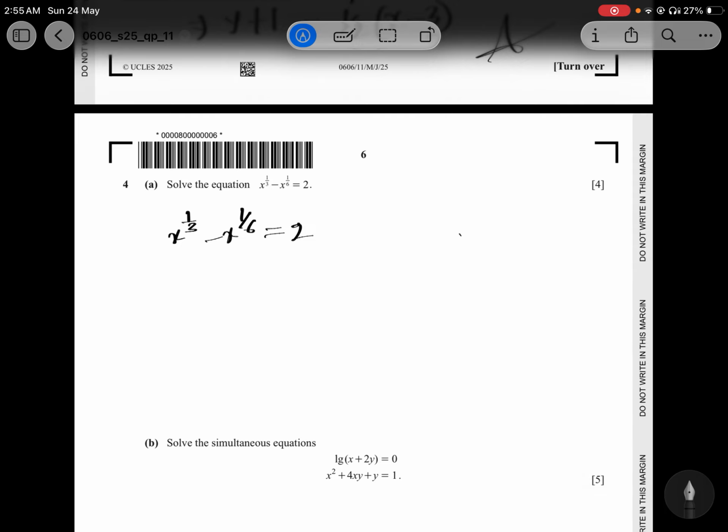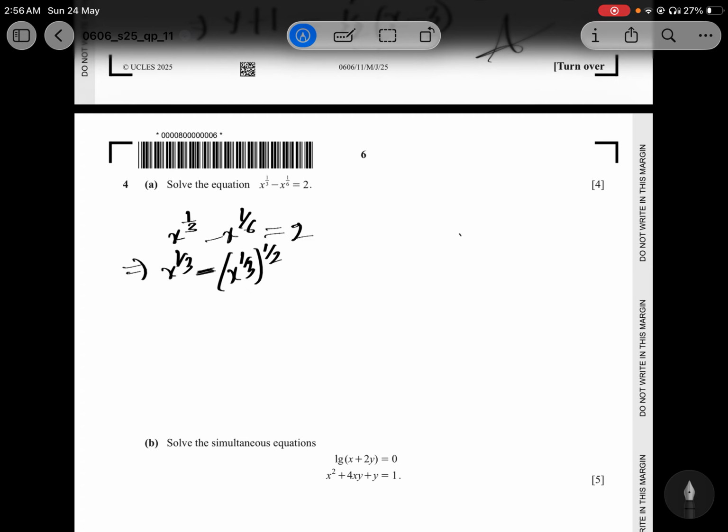I have enough time for these 3 questions. Okay, x to the power 1 by 3 to the power half.